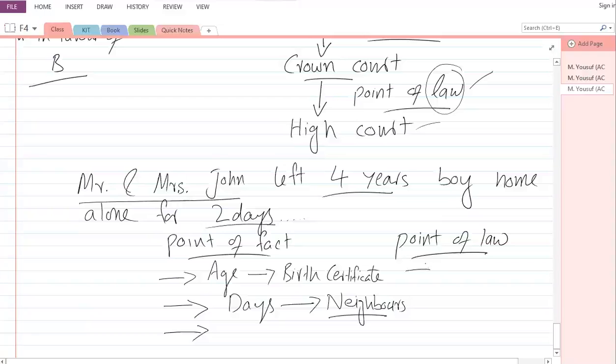So, according to point of law, there is an act in the UK that is called the Child Abuse Act.